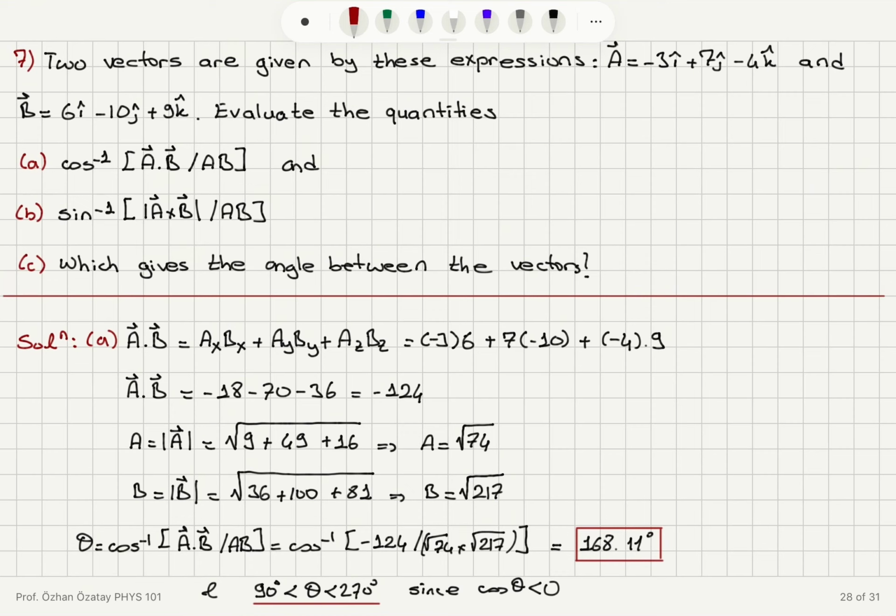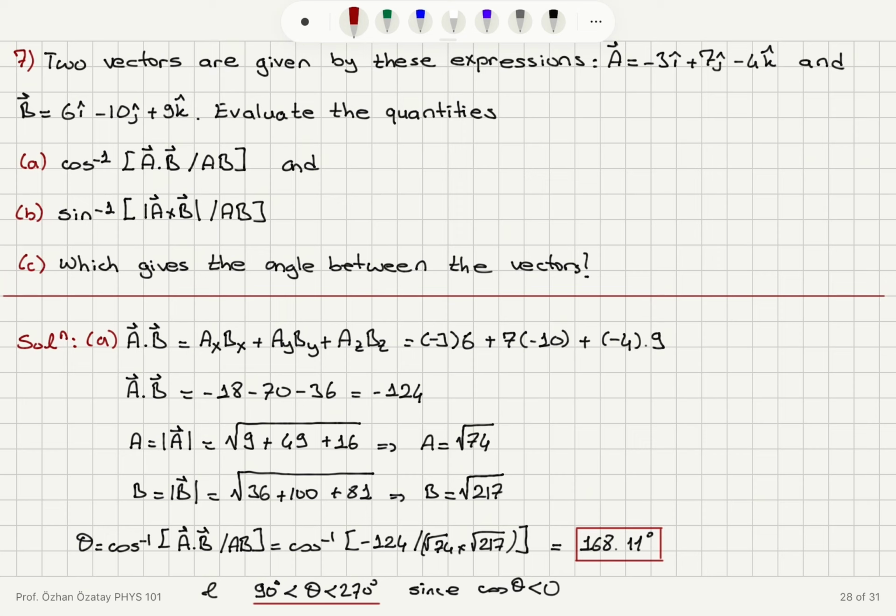Then we have calculated the angle between two vectors using both the dot product and the cross product, and we see that the dot product is preferable because it's easier to calculate. You don't have to calculate a determinant, and also the sine of the angle is going to come out always positive, so it will be between 0 and 180 degrees.